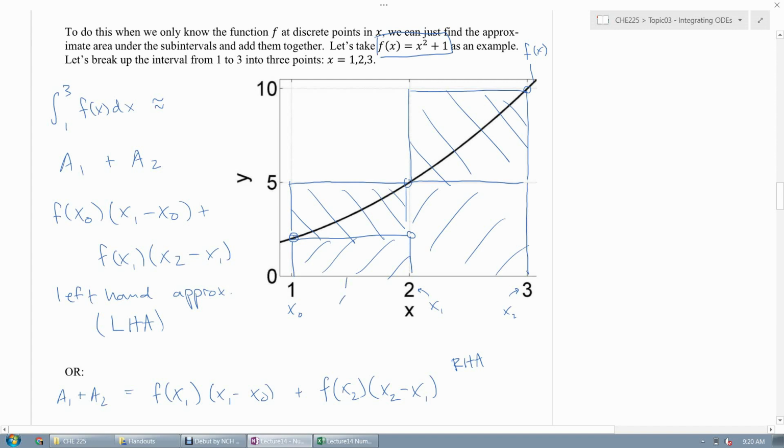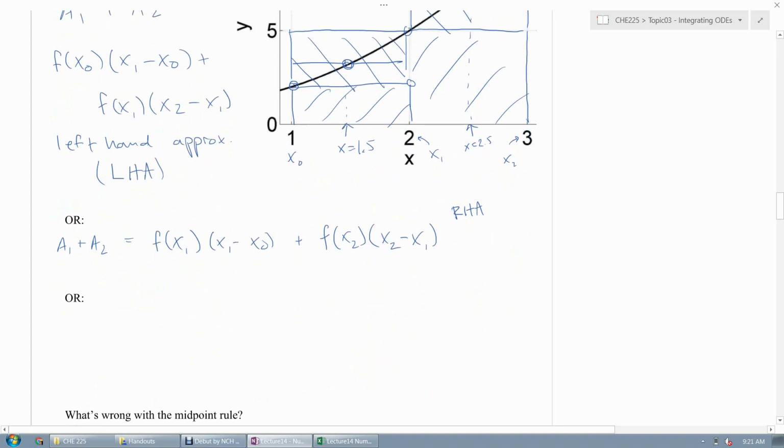And what we could do is say, well, there's also another x in here, x equals 1.5, and if I evaluate the function at x equals 1.5 and make that my area 1, and also evaluate the function at x equals 2.5 and make that my area 2, then I will have something that's a little bit more accurate.